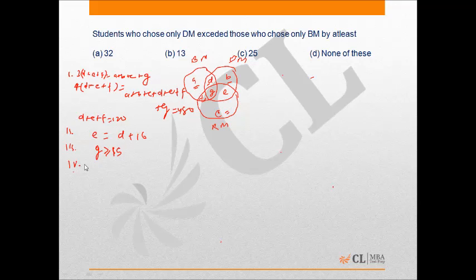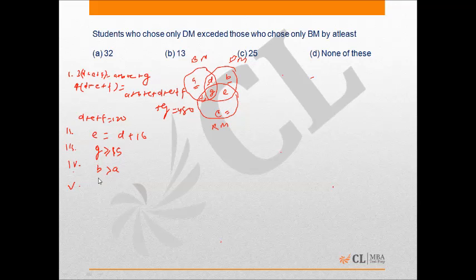In statement 4th, it is given that the number of students who chose only DM was more than that of those who chose only BM, which means B is greater than A.